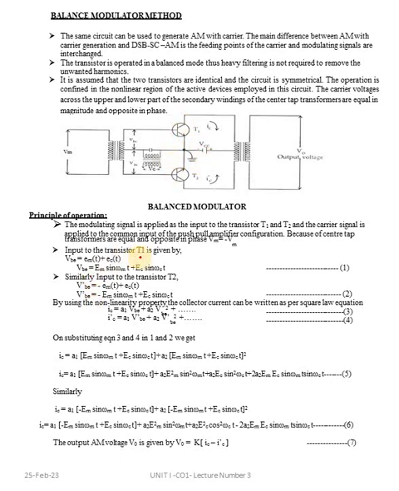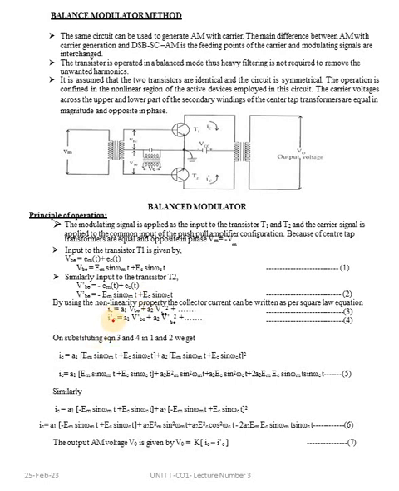So the input to transistor T1 is VBE, given by EM of t and EC of t. EM of t is the modulating signal, EC of t is the carrier signal. Substituting those values, we get VBE. Similarly VBE dash for transistor T2, the only thing is the sign of EM is reversed: minus EM of t plus EC of t. Substituting the modulating and carrier signal values, we get this value.